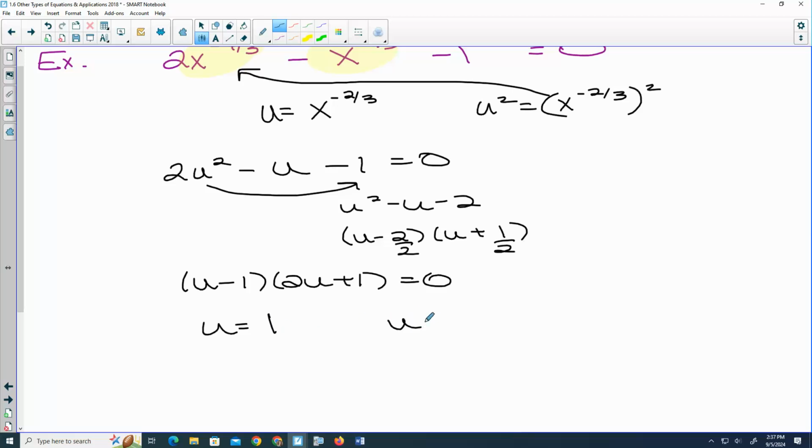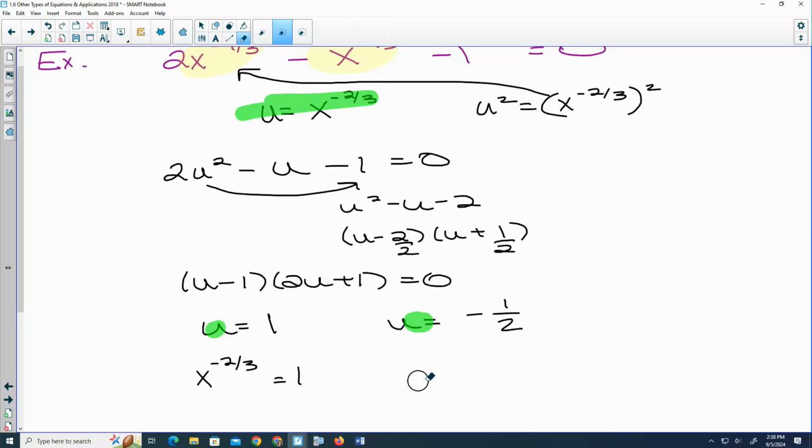Yep. We set this to 0, so u is 1 and negative 1/2, but then we have to substitute back. U is x to the negative 2 thirds. So I'm replacing both of my u's with x to the negative 2 thirds.